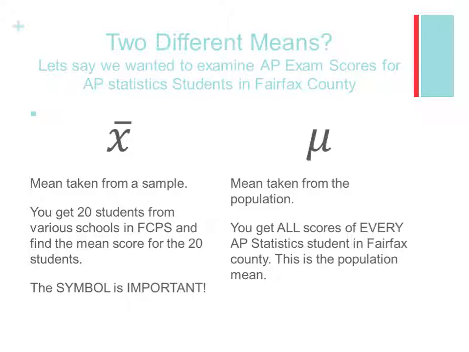The symbol is very, very important. Please, on your homework, tests, and quizzes, do not just write "the mean is." Make sure you're specifically writing the mean of the distribution, or write x bar so we know specifically that it's from the sample, or mu that it's from the population. Notation is really important, especially as we move on. You're going to have to decide, is the information you have from a sample or from a population?